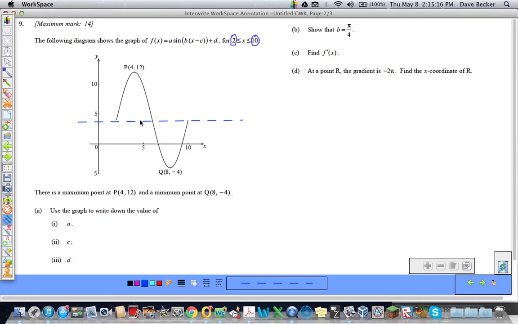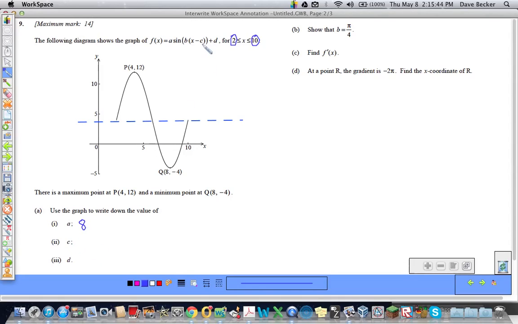The amplitude is halfway between the y coordinates. So 12 minus negative 4 is a distance of 16. Half of that is 8. A is equal to 8.